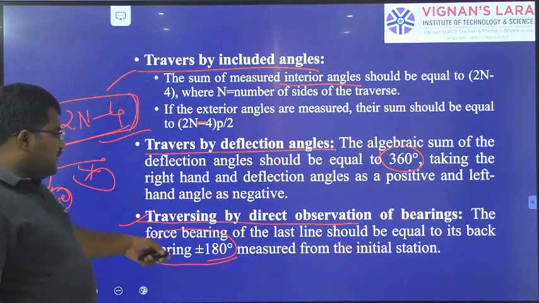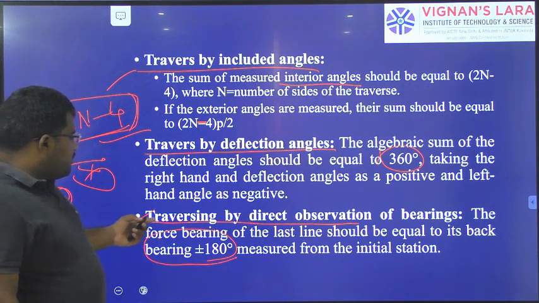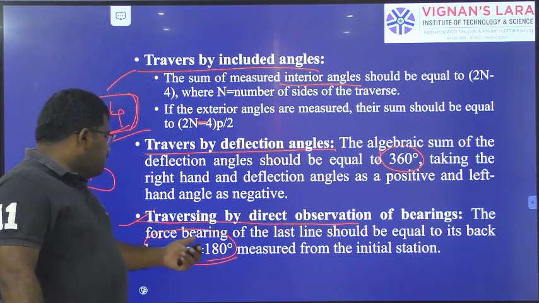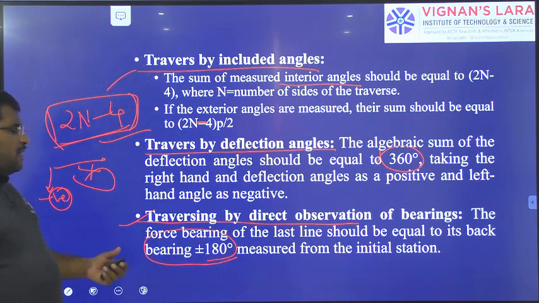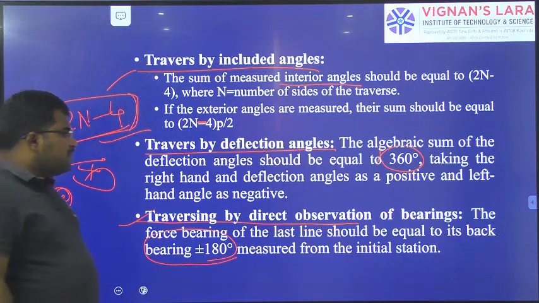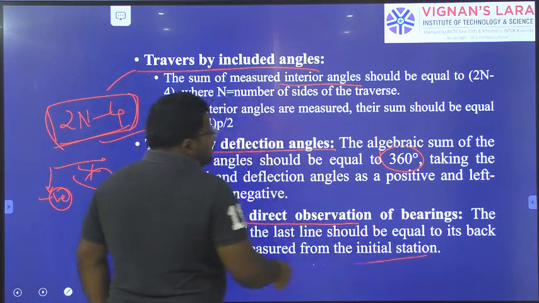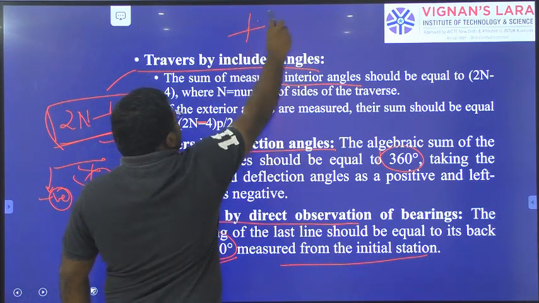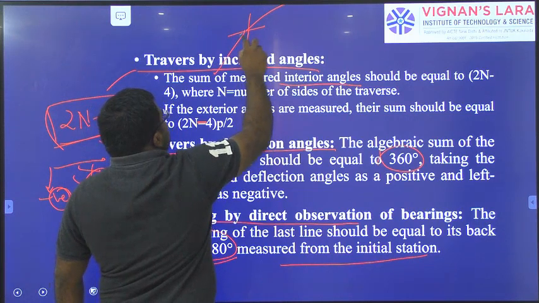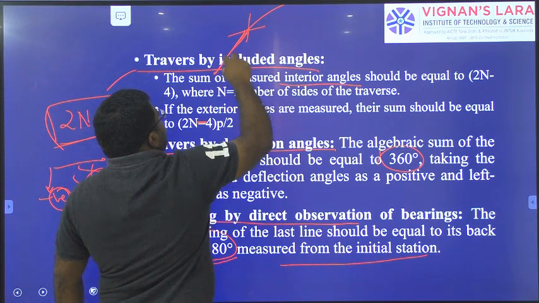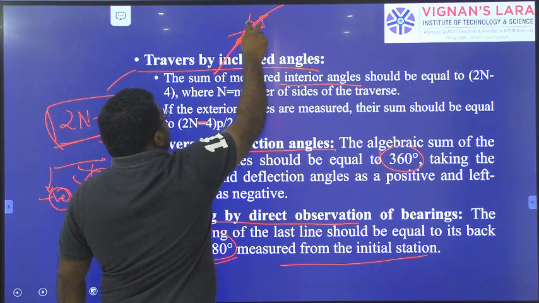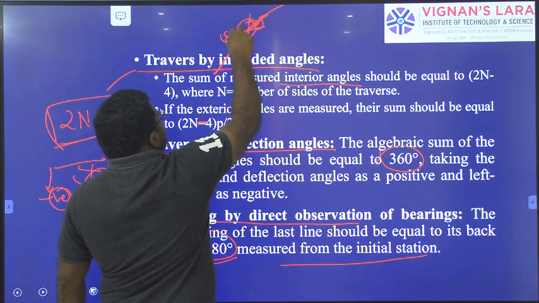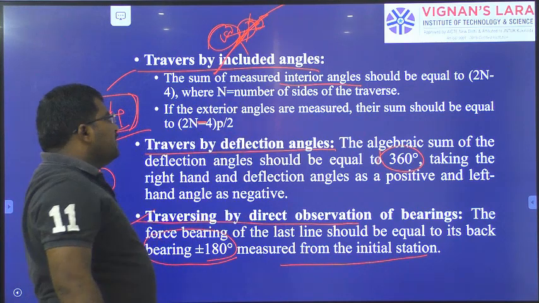So the fore bearing of the last line should equal the back bearing measured from the initial station. If you started somewhere else and take the back bearing here and the fore bearing there, the difference between these two will be 180 degrees.